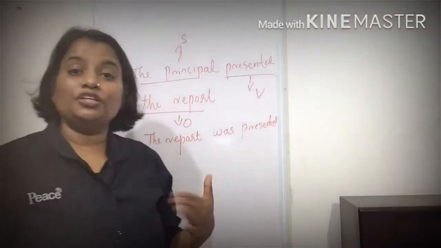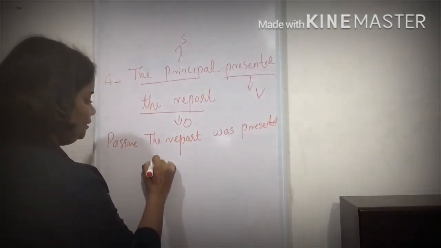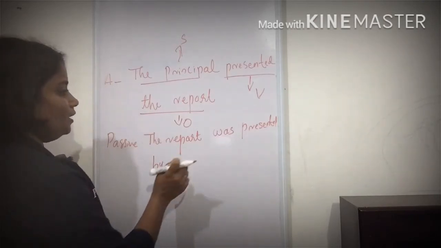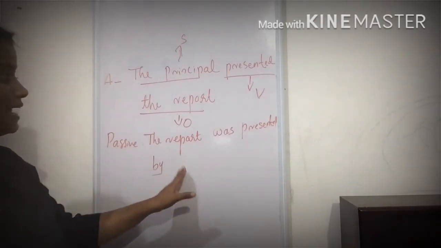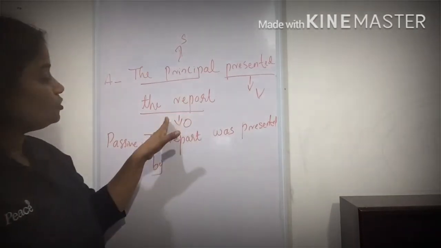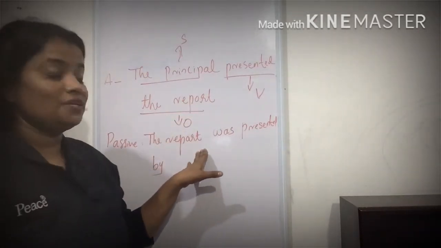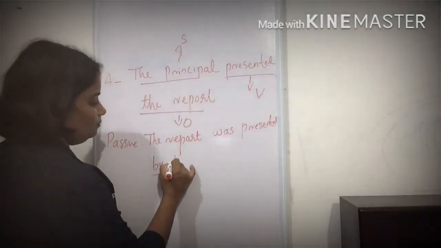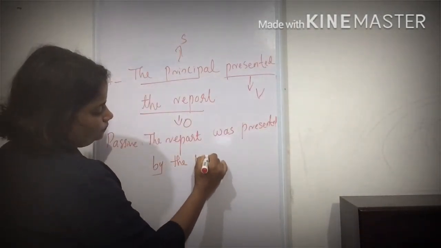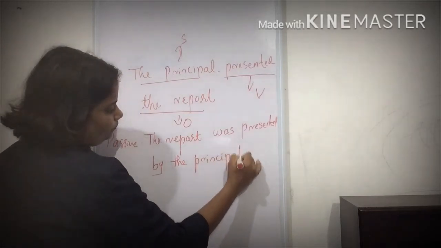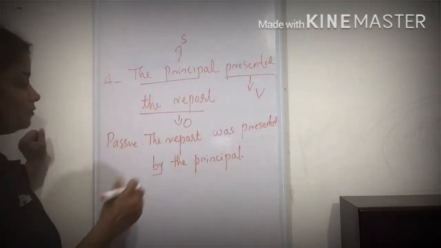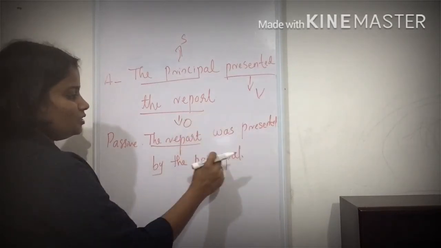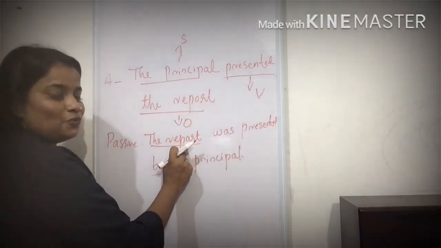Then we need to use by in the case of passive voice. Presented by whom? By whom the report was presented? Yes, by the principal. Look at the statement: the object of the statement comes as the subject in the passive voice.